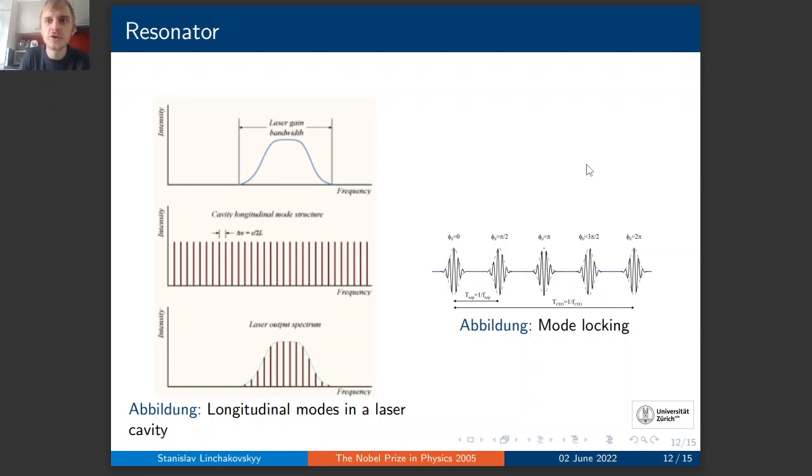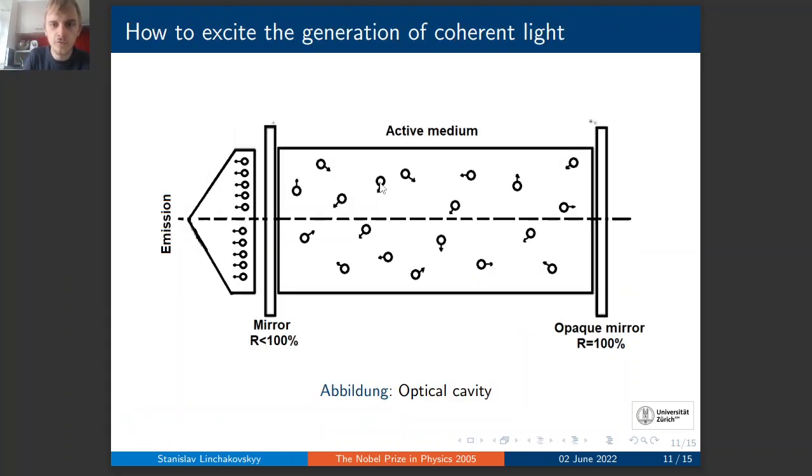These pulses occur separated in time, and this time is 1 over the frequency, so it's 2L over c, because this is the time taken for the light to make exactly one round trip over the laser cavity.